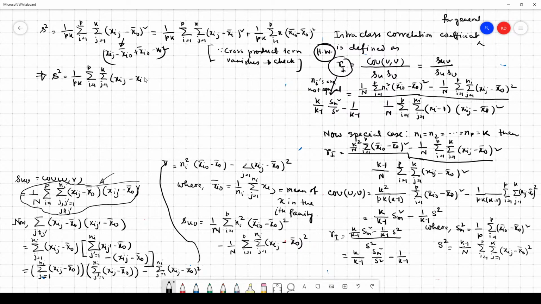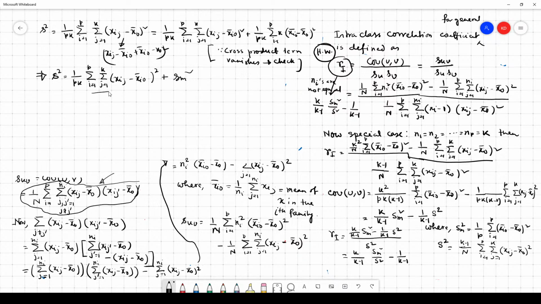So S squared is equal to xij minus, okay, thank you. X naught bar, this should be xij minus x naught bar. Okay, rectify this thing. Is equal to, plus Sm square.